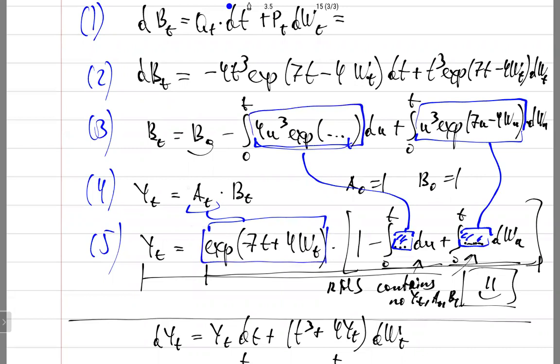It derives from At. You cannot move 4u cube outside the integral. It's not possible. You can take out of an integral only constants, and obviously 7t plus 4Wt is not a constant.